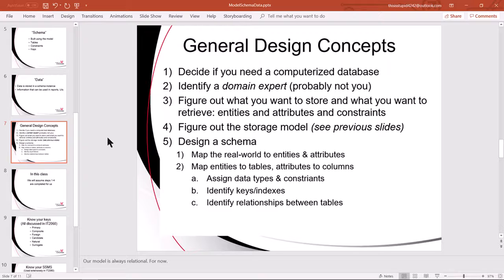Can we have entity X without an associated entity Y? What color should it be? Anyway, assume that all that has been done for you, but remember that that is part of the process, and that hopefully you will learn in another class, and you will be able to apply it to get through this process from end to end.